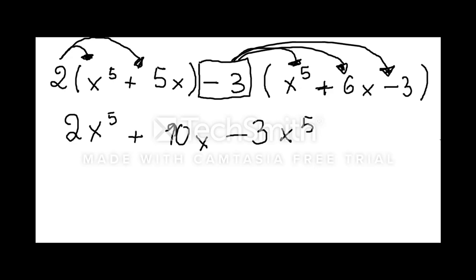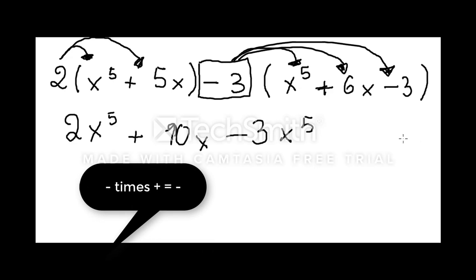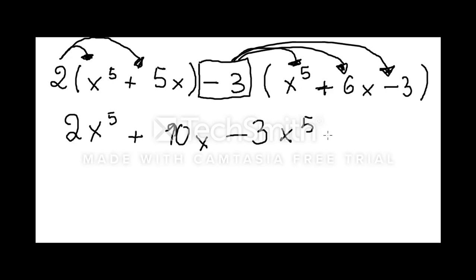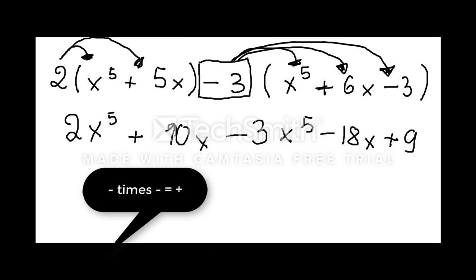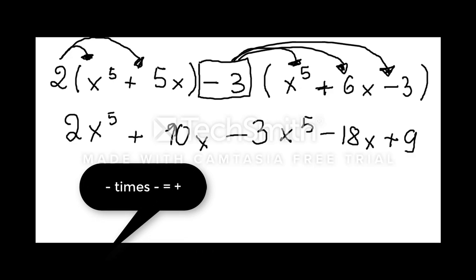Just a reminder, a negative times a positive is a negative. So negative 3 multiplied by a positive 6 is negative 18, and then I simply stick my x on. And lastly, negative 3 multiplied by negative 3 would give me a positive 9. Remember, a negative times a negative makes a positive.